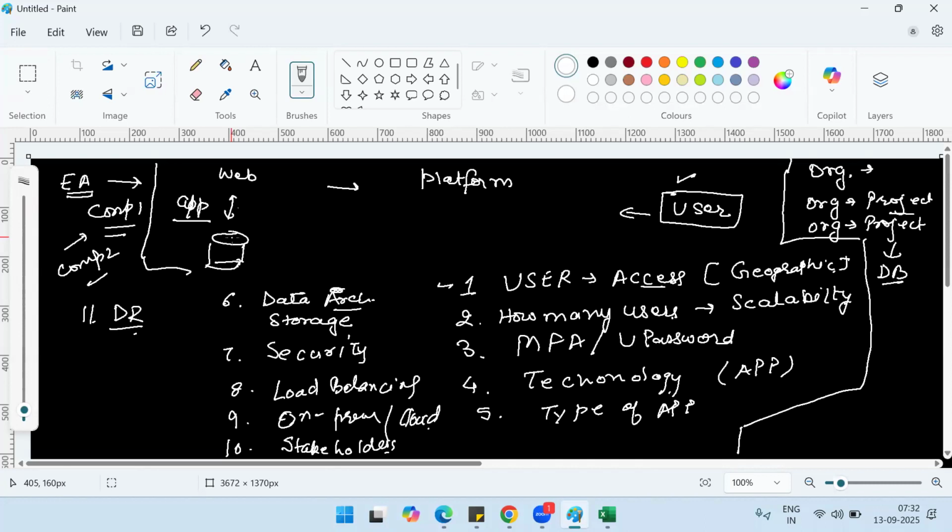And now tell me, is it beneficial for the enterprise architect to contact the ADM? Do they need to contact the ADM at any point of time?